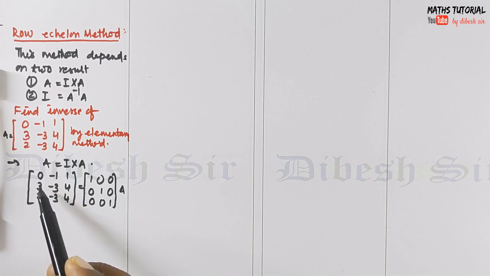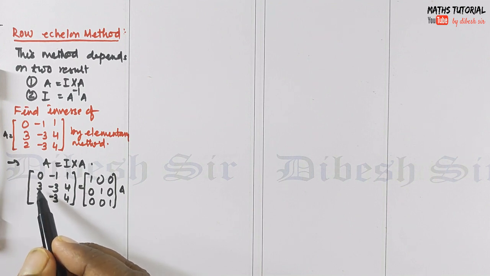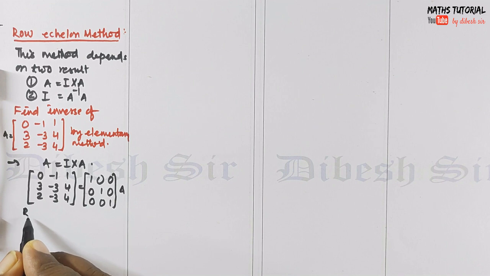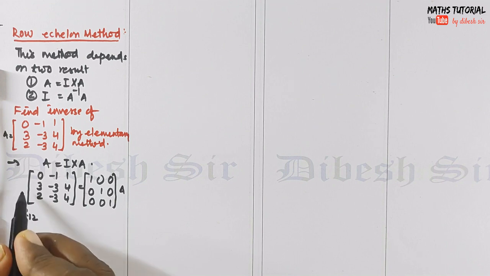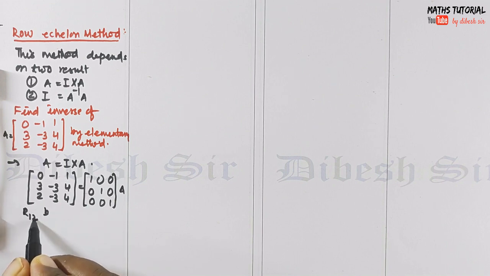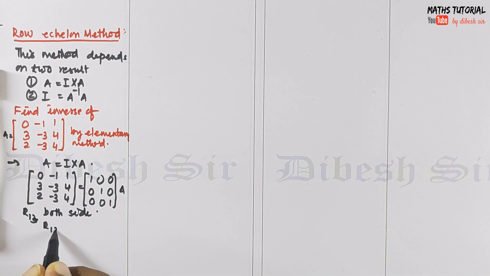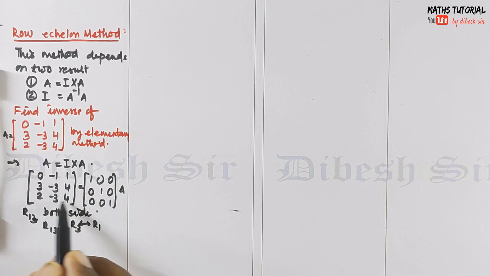You can make this non-zero by using R13 or R12. So apply R13 on both sides. R13 means row 1 changes to row 3, and row 3 changes to row 1.